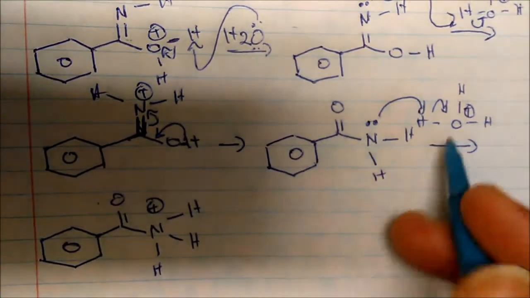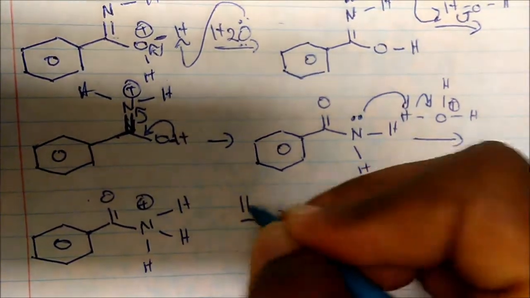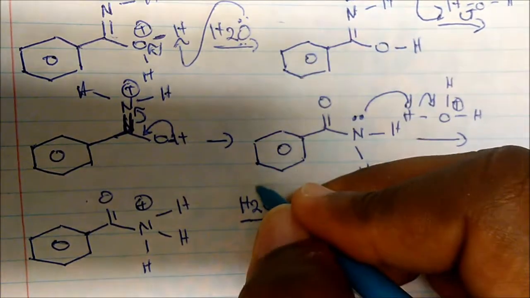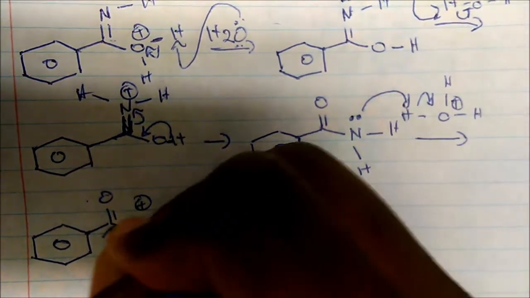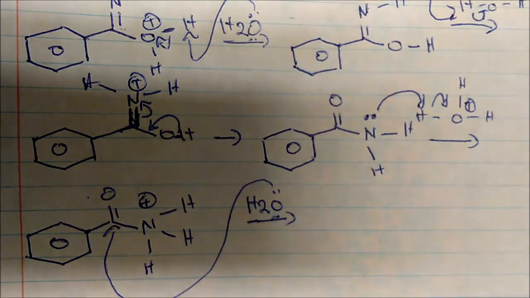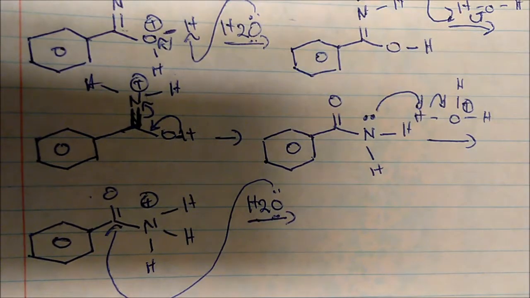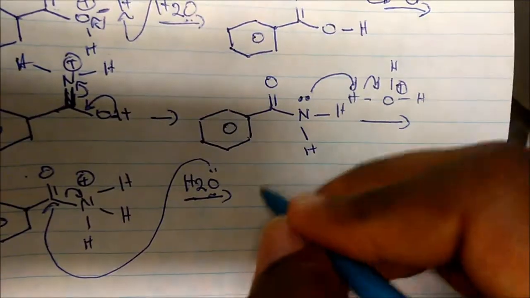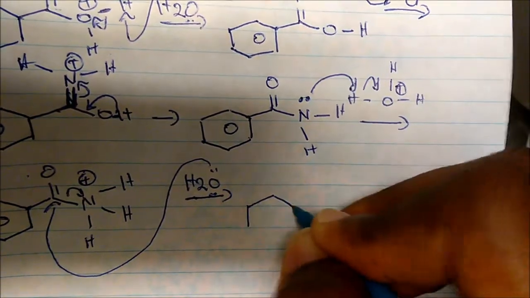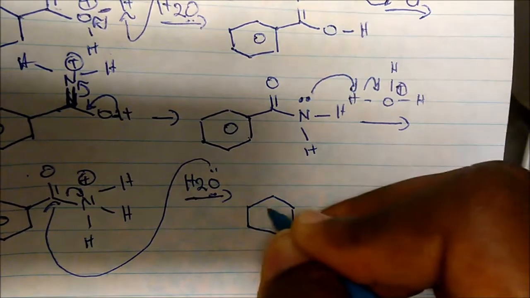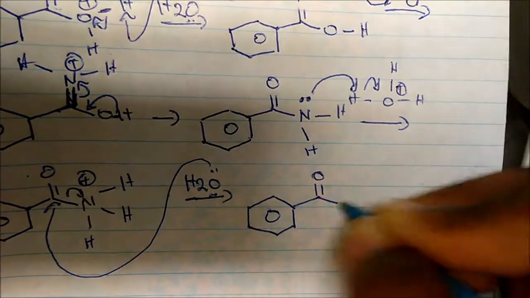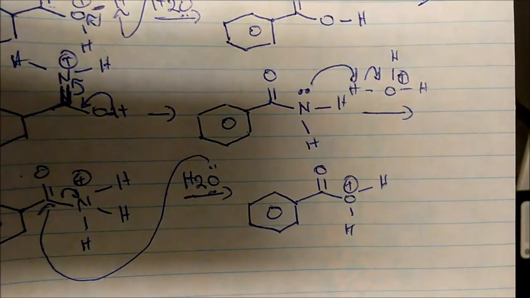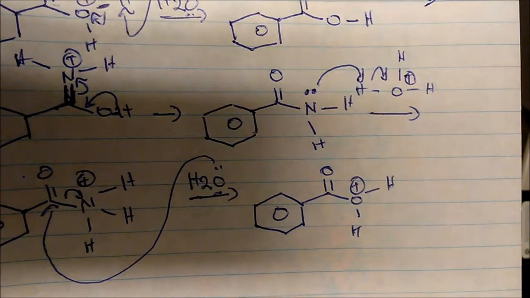Now because we just formed water in that step, water is actually going to come in now. It's a great nucleophile. So it attacks the carbonyl and actually displaces ammonia. Once it displaces ammonia as a leaving group, we come to a structure that looks like this. Double bond, and now this is bonded to an oxygen that has 3 bonds, automatic +1 formal charge.